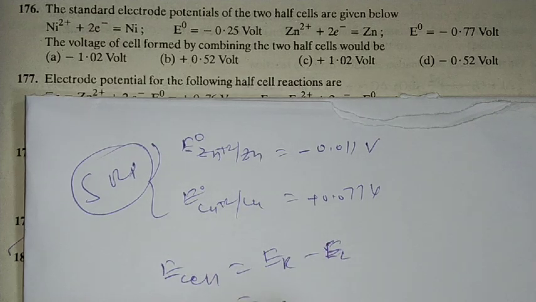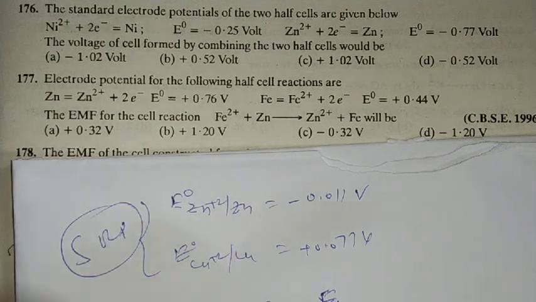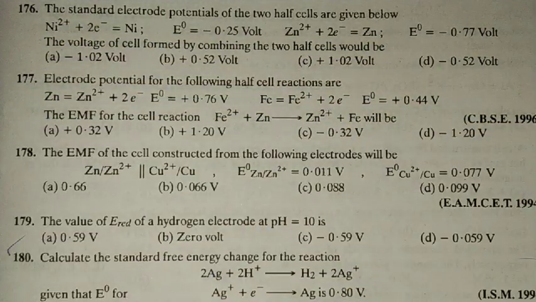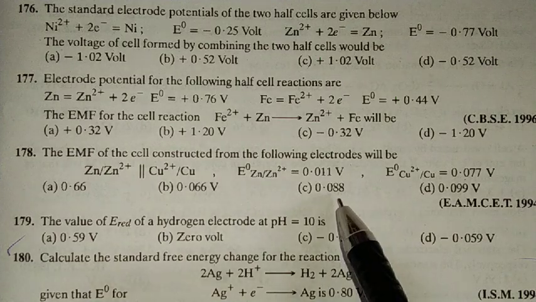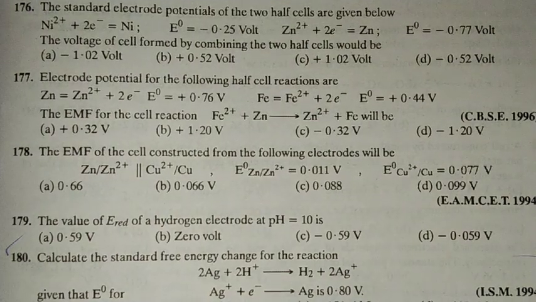E cathode is here 0.077 minus 0.011. So you simply get 0.088 volts. By this combination you can create this much voltage. Is it clear? Then what is our answer here? 0.088 volts. Is it clear? Right. Look at the next question.